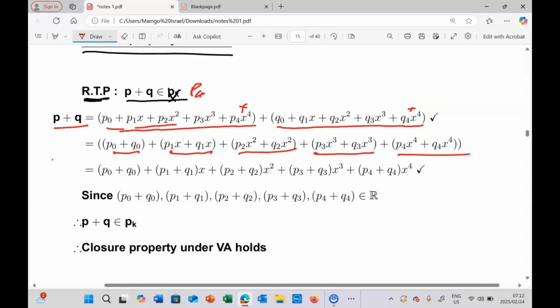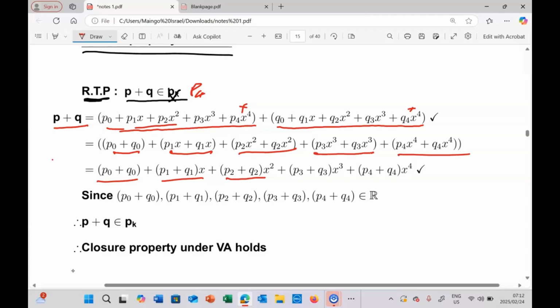The constant has no common factor, so it is still like that. But here there's a common factor of x, so we take out x. This is just P1 plus Q1, then x outside. Here we take x squared outside, so it appears as P2 plus Q2 all times x squared.